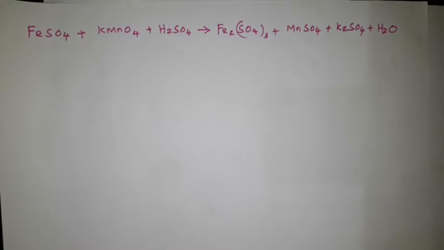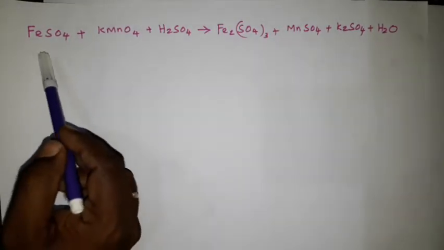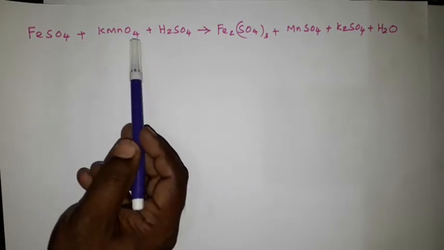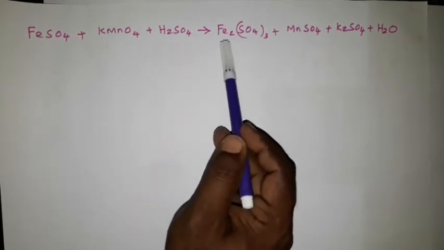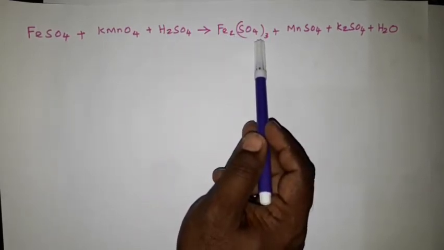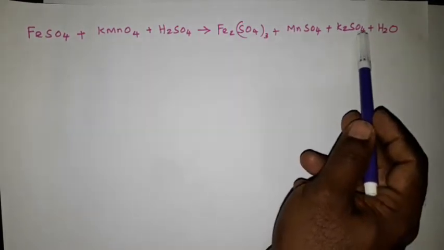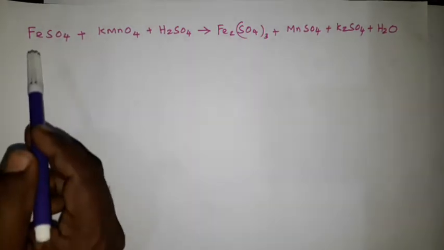All right, now this is the example. The equation is given as FeSO4 plus KMnO4 plus H2SO4 gives Fe2(SO4)3 plus MnSO4 plus K2SO4 plus H2O. This is the given equation. You are going to balance it.